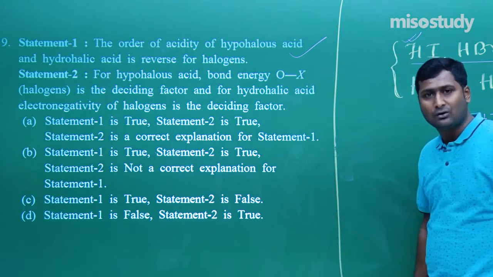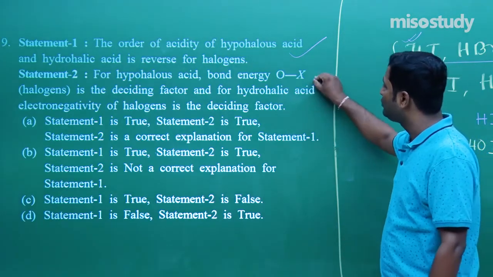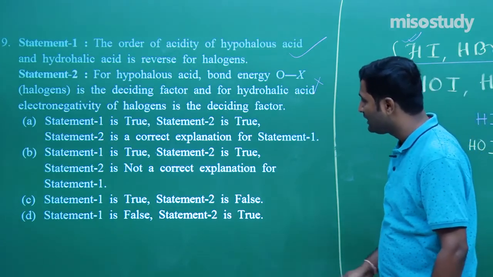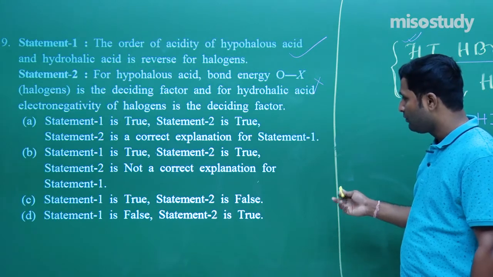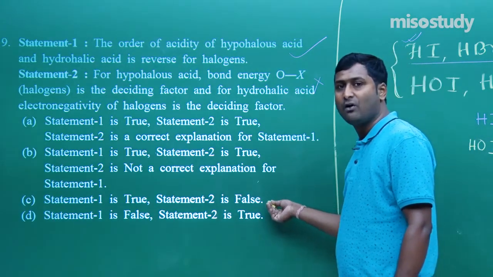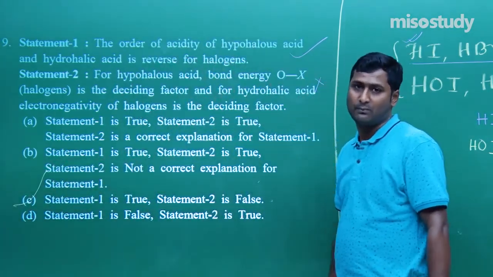No, not the electronegativity. What? The size is the factor. So statement 2 is not correct. Statement 1 is true and statement 2 is false. So for question number 9, C is the correct option.